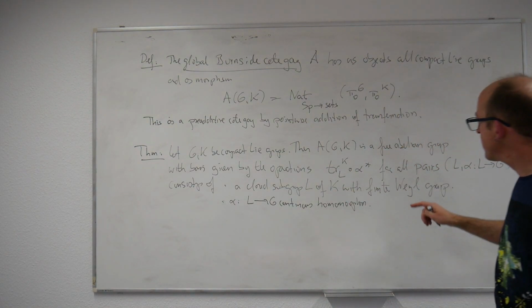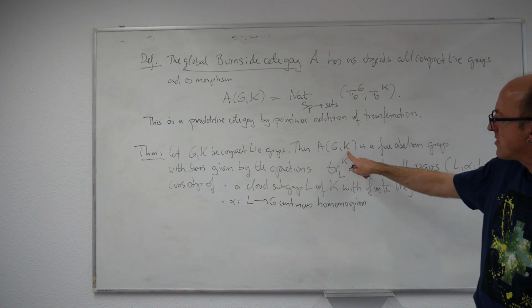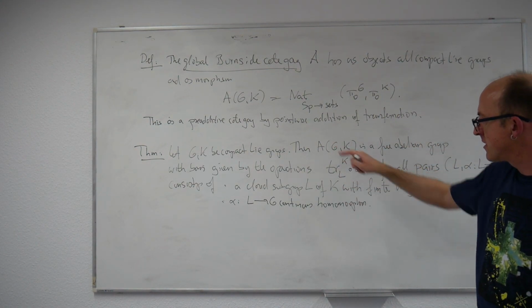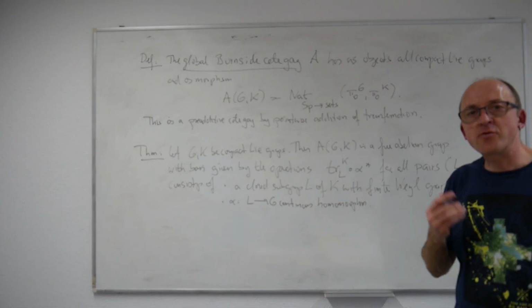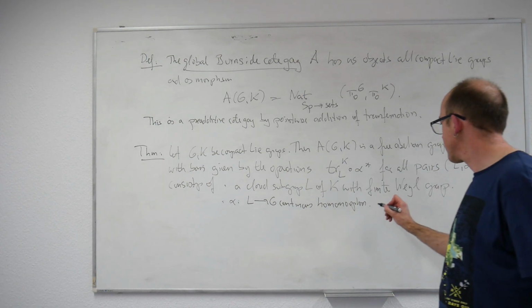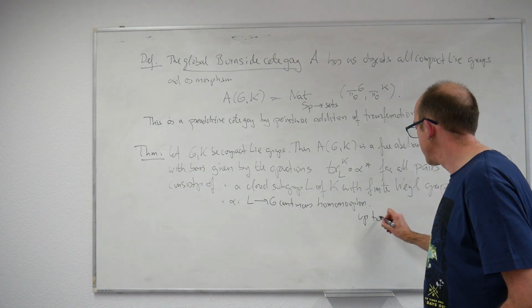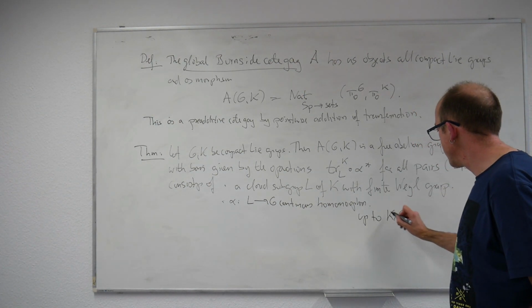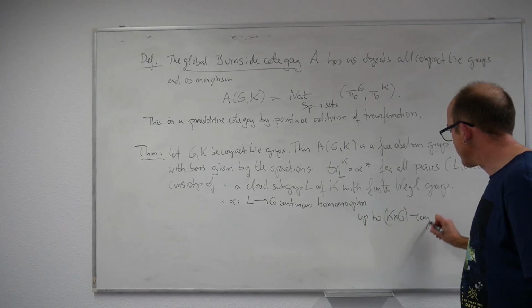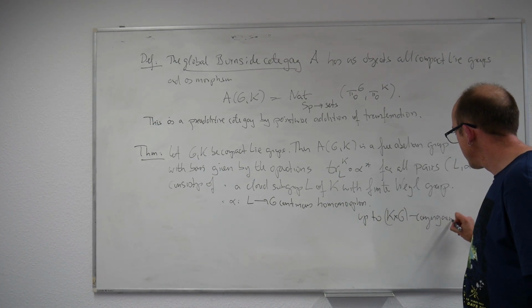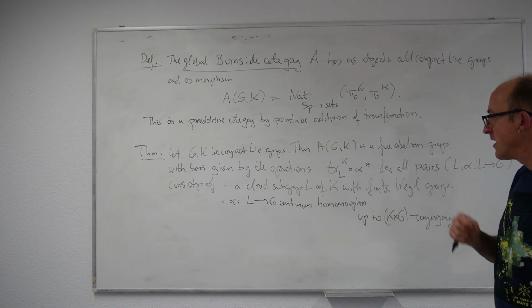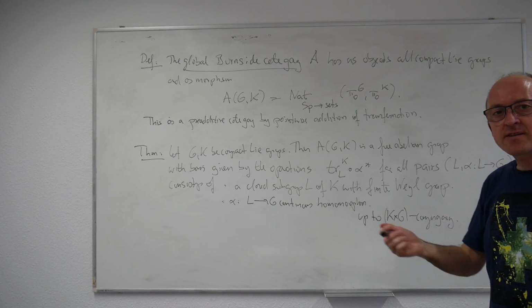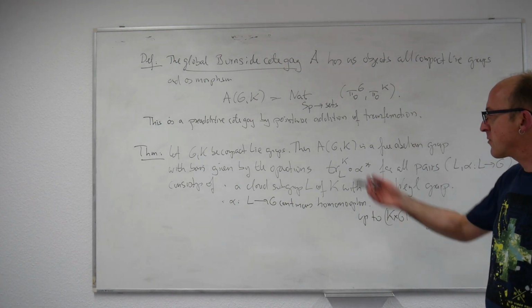So if we have this data, we get a natural transformation from pi_0^G to pi_0^K, first restriction, then transfer. But we don't actually run through all of these pairs, but only up to K times G conjugacy classes of pairs. I will make this more precise next time. So simultaneous conjugation of the subgroup and the homomorphism. And then if we pick representatives of these conjugacy classes, then we actually get a basis.